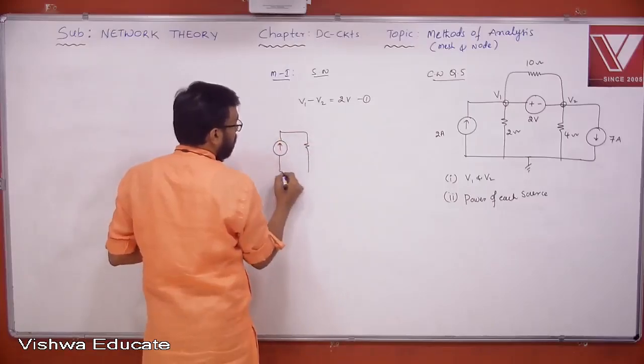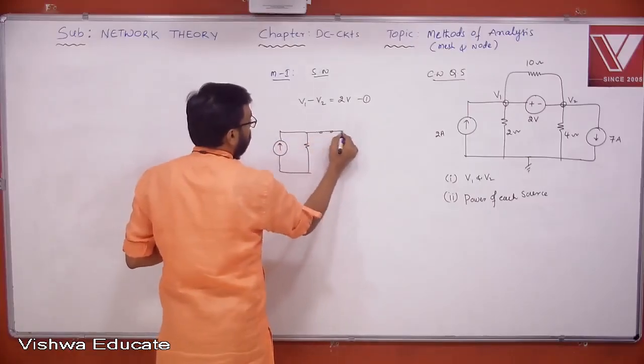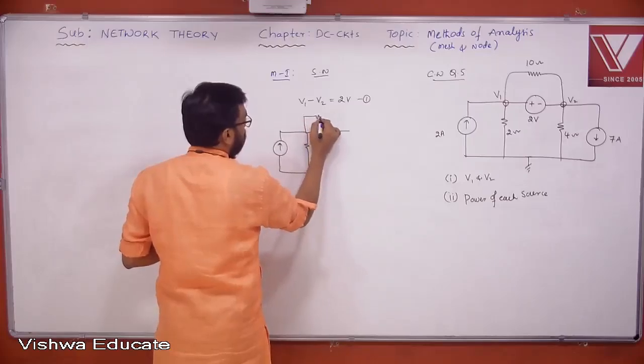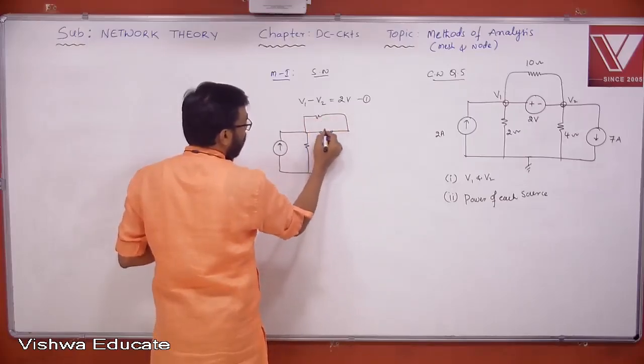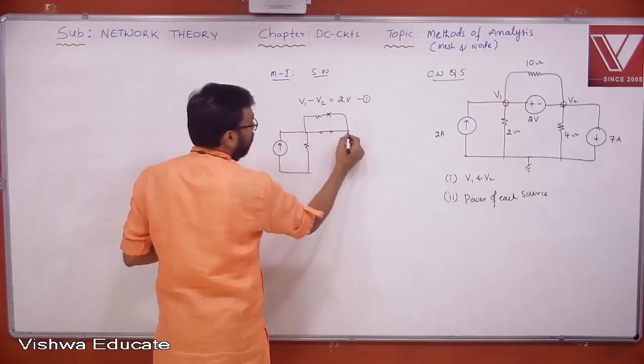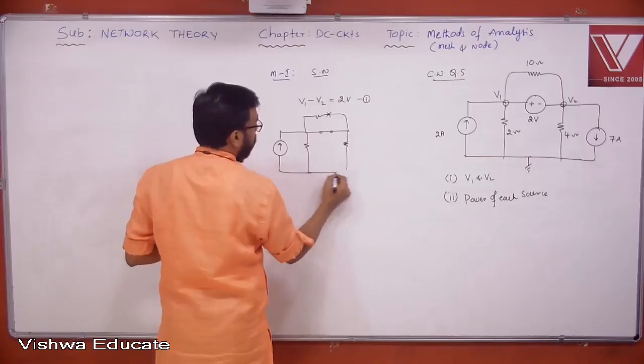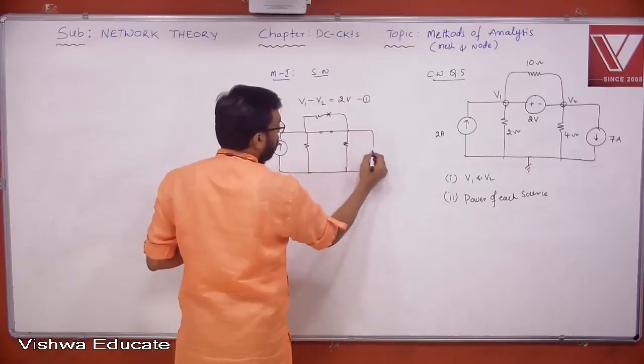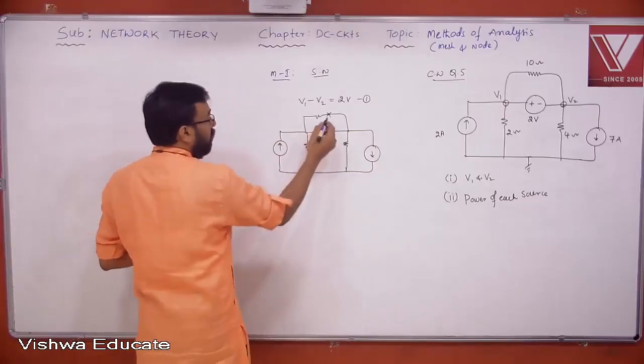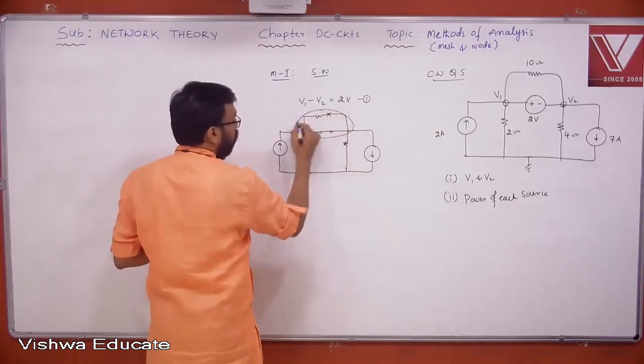Yes or no? Suppress the voltage source, that means short. Once you short it, this is also shorted and can be neglected, because that resistor is across the short circuit. So finally you have a supernode here.